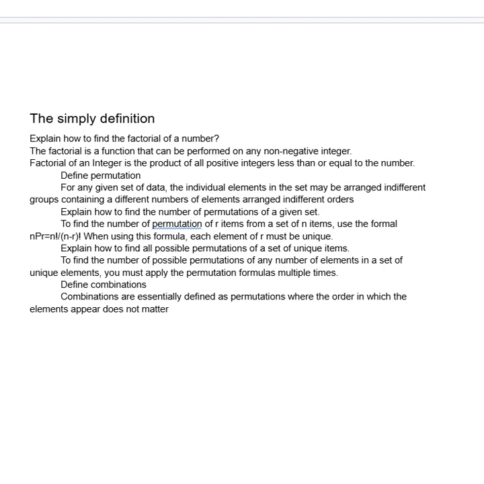Explain how to find the number of permutations of a given set. To find the number of permutations of R items from a set of N items, use the formula nPr equals N factorial in the numerator, over, in the denominator, (N minus R) factorial.